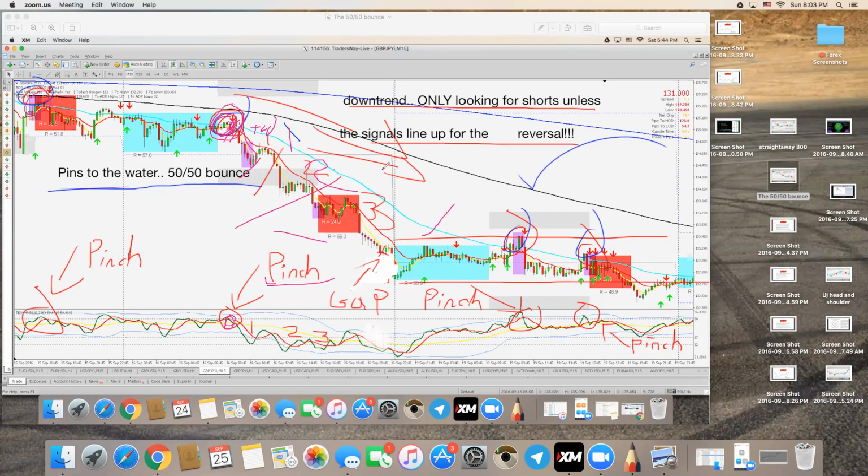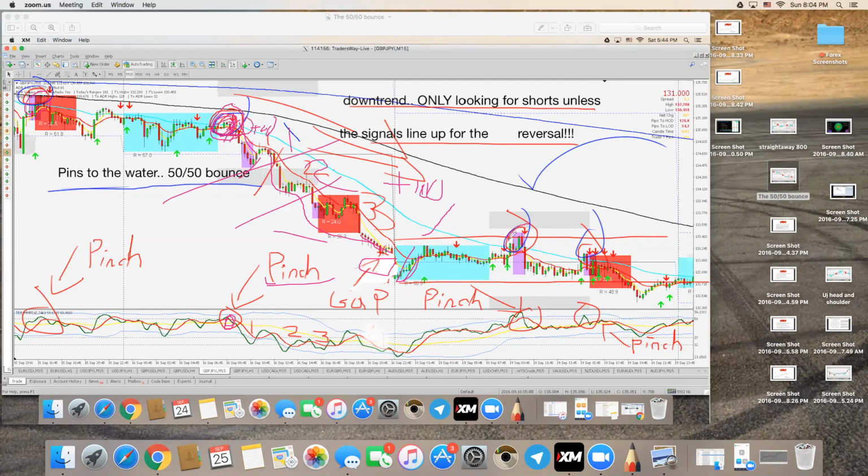So three levels, and here there was a gap, which I labeled already. This was a Sunday closing, and the gap closed. All of this run was about plus, I don't know, like 100 pips in your pocket with a straightaway trade here.